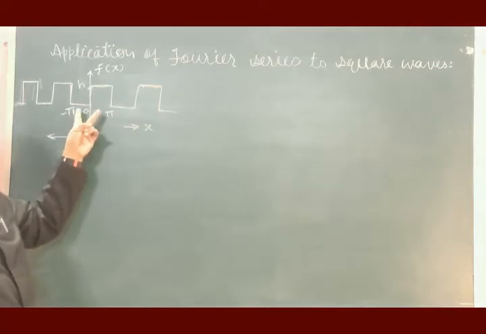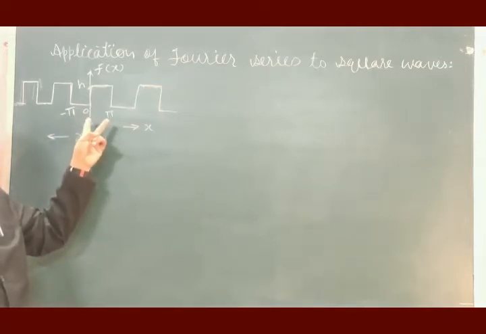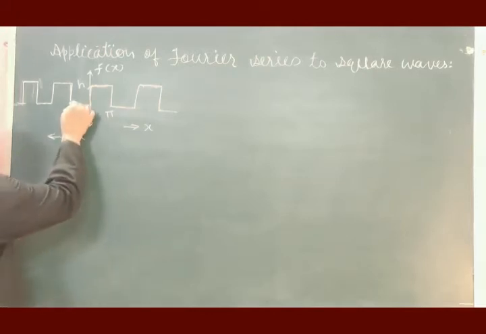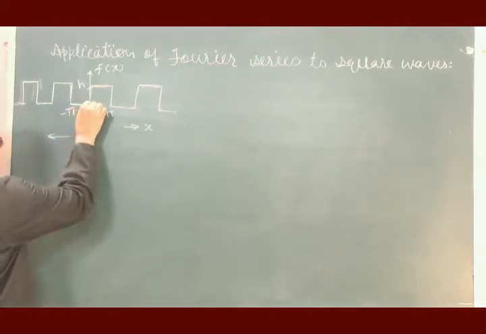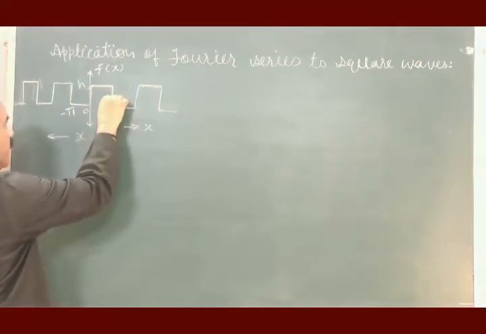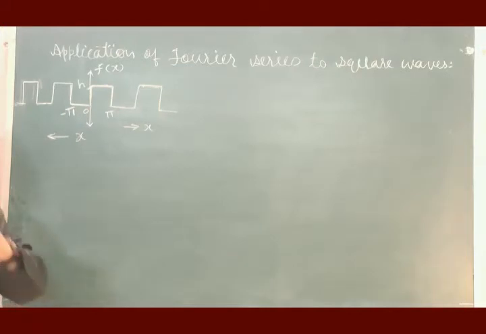Let us have a closed loop to this square wave. Wave starts from here, goes this way, ends here. One wave is completed. And what is time period of one wave?